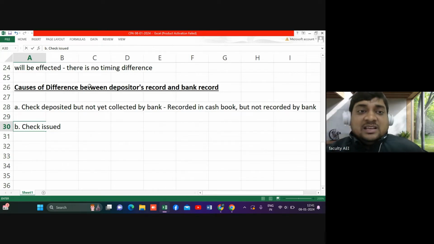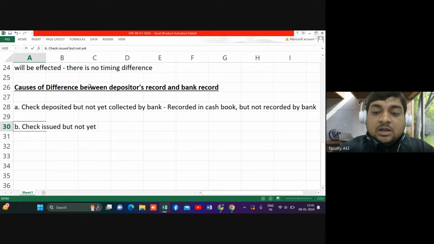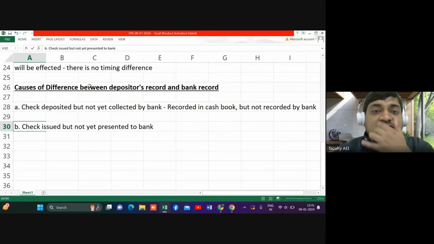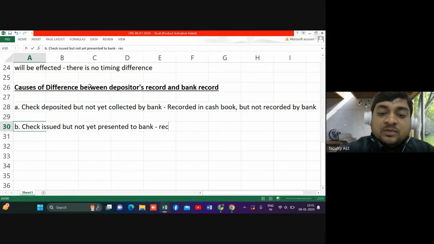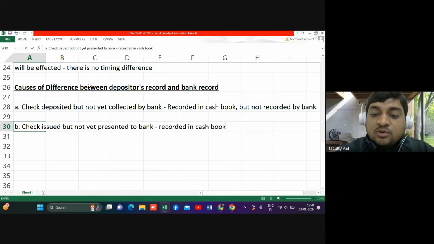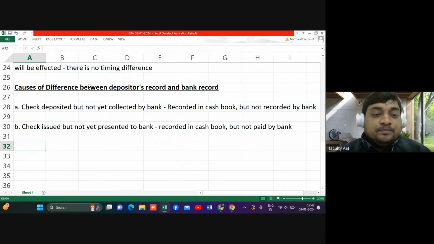So basically, check issued, but not yet presented to bank, because until and unless it is presented, my bank won't make the payment. So again, this is recorded in cash book, but not paid by bank. So if it is not paid by bank, it is not recorded by bank.